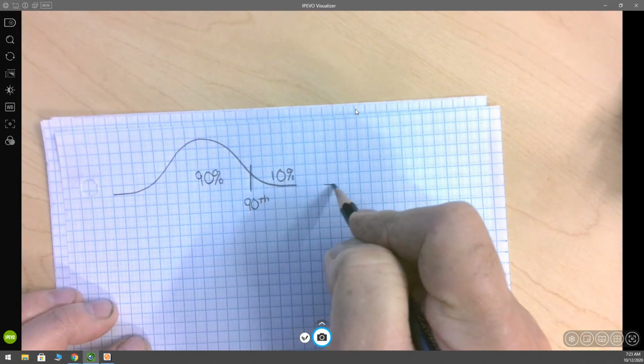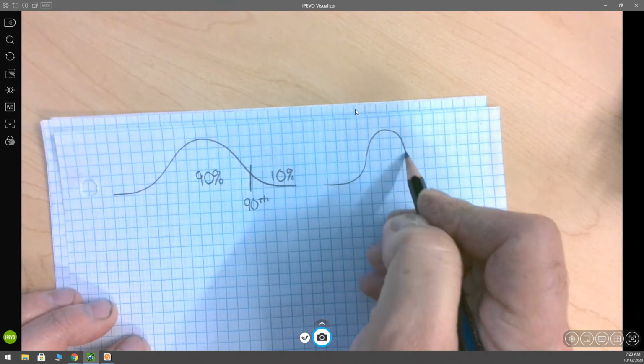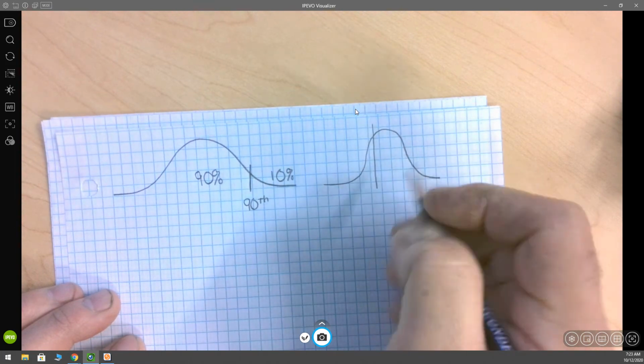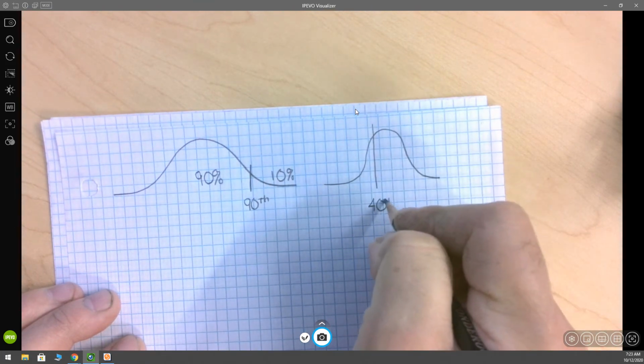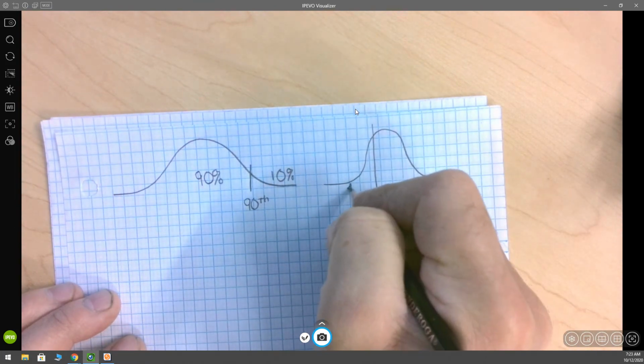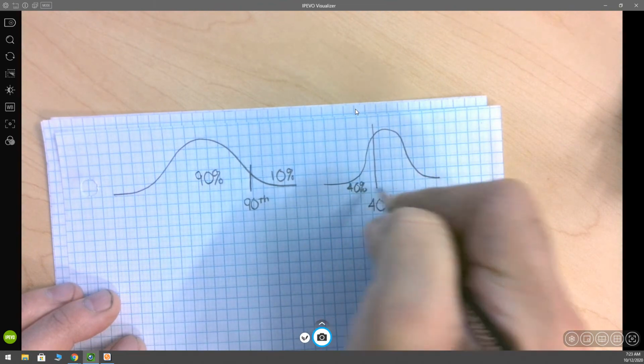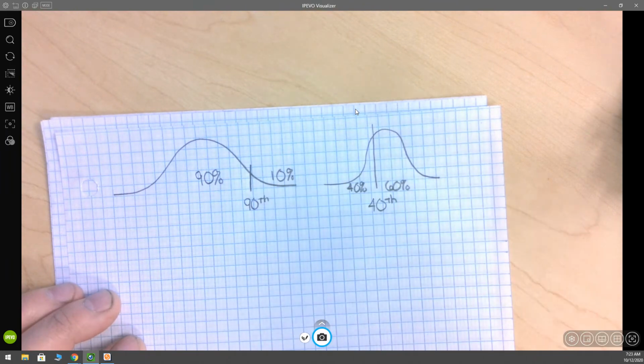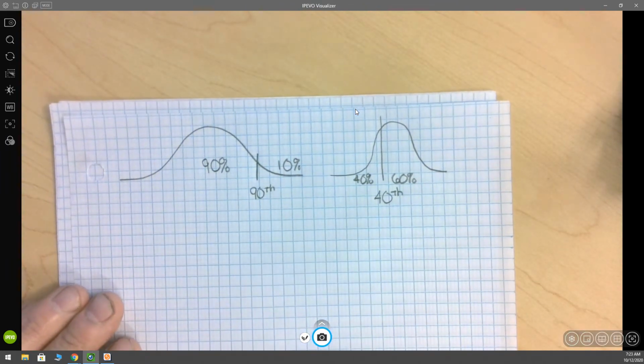Likely, if I made a similar looking curve, and let's just say I scored in the 40th percentile, meaning 40% are to the left of me and 60% are to the right of me. And when you think about percentiles, that's what you want to think about.